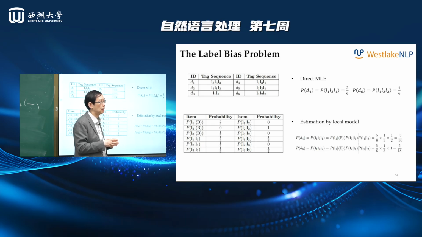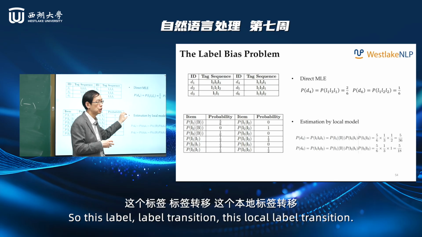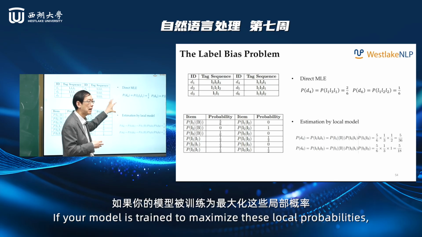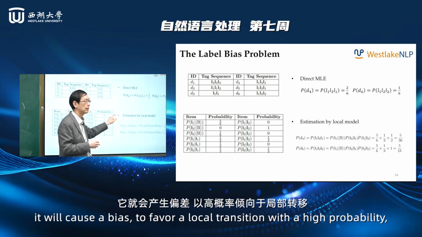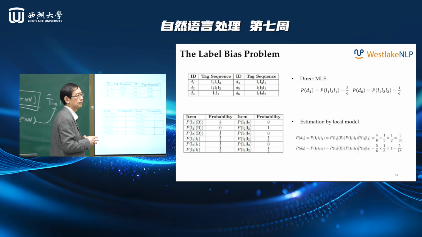So if your model is trained to maximize these local label transition probabilities, it will cause a bias to favor a local transition with a high probability. That's called the label bias problem, okay?